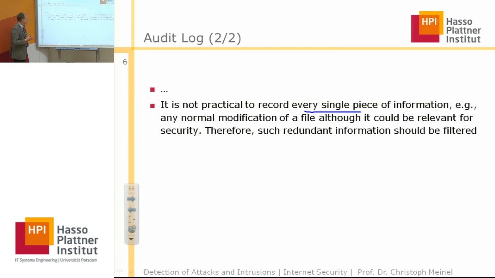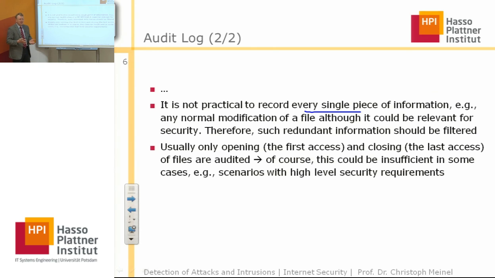So what is done is that redundant information is filtered. Usually, for example, in manipulating a file, only the first access to the file is recorded in the audit logs, as well as the last access. The intermediate accesses are not recorded, although they could give hints for security-relevant actions or events, but it's too much information.